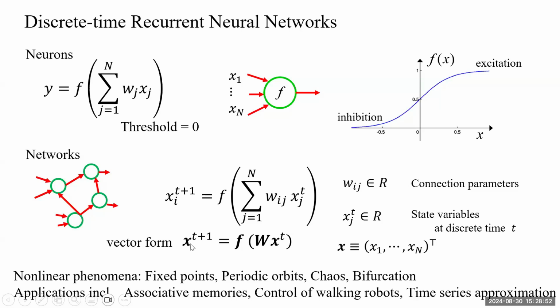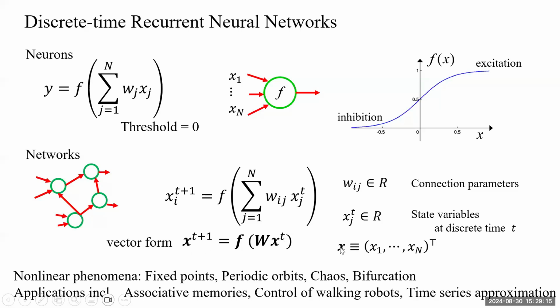Applications include associative memories, control signals of nonlinear circuits and systems, for example robots, switching power converters, and time series approximations. Considering these many applications is not easy, so we focus on the associative memory in this webinar.